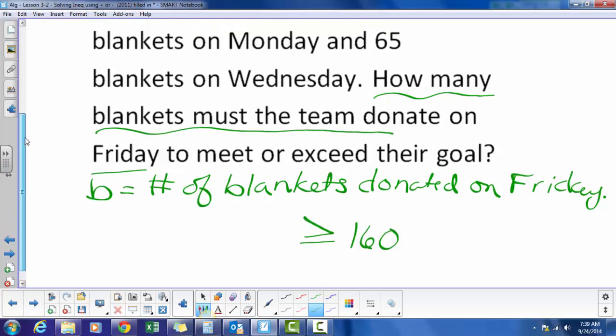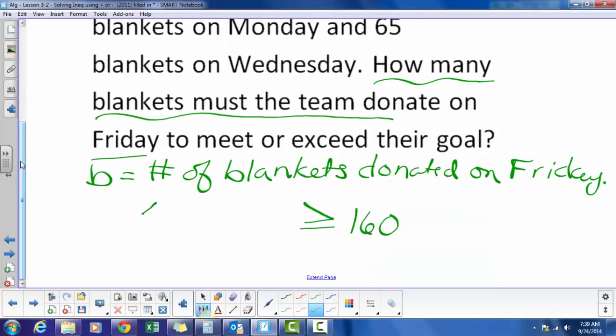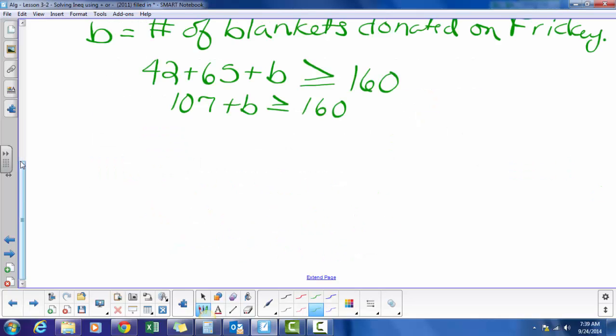160. And let's see, on Monday they received 42 blankets. On Wednesday, they received 65 blankets. And then B, my variable, is the number of blankets donated on Friday. 42 plus 65 is 107, plus B is greater than or equal to 160. I'm going to subtract 107 from both sides.